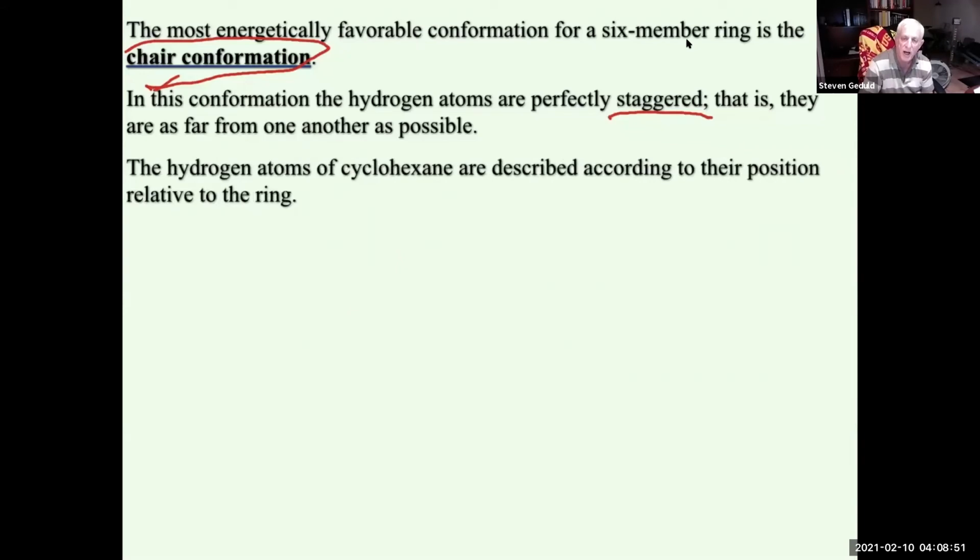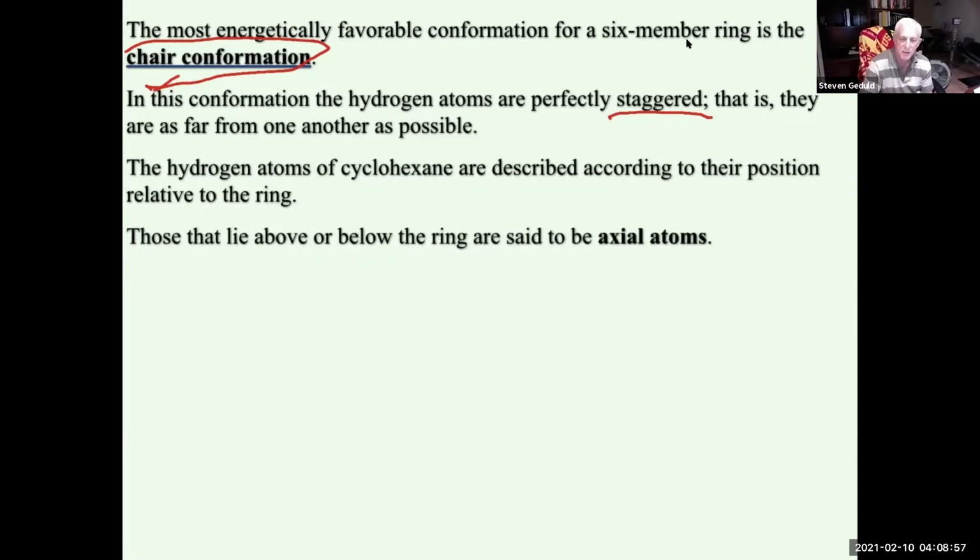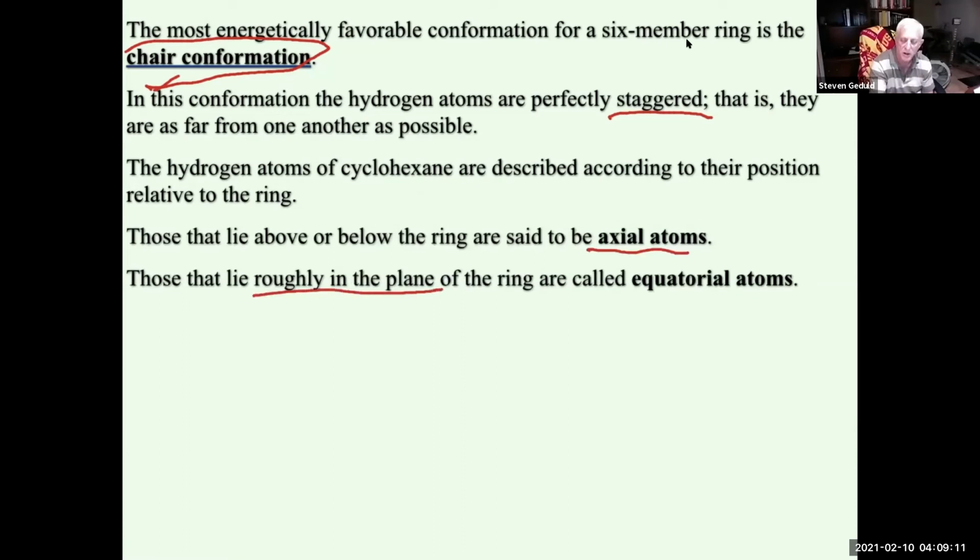So the hydrogen atoms are described according to their position relative to the ring. The ones that lie above or below the ring are said to be axial. Those are your axial hydrogens. They're either at an angle above or below. The ones that lie in the same plane as the ring are said to be equatorial atoms.